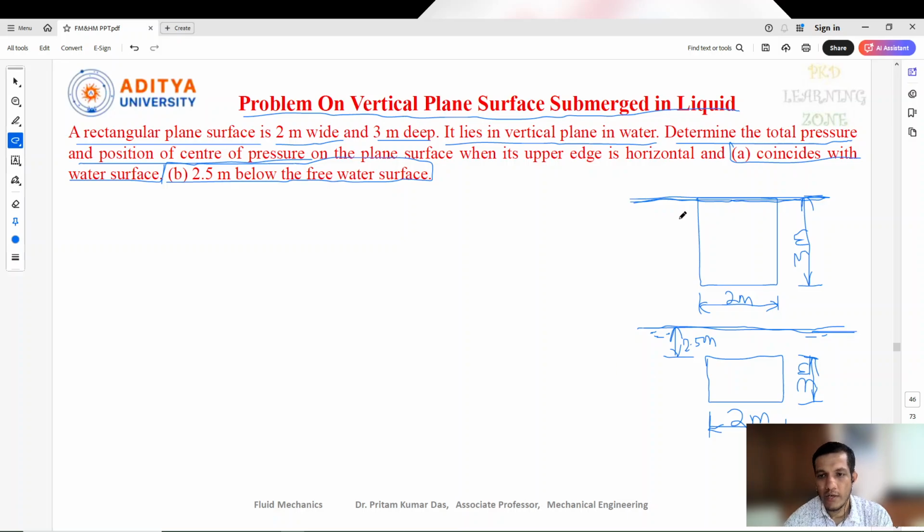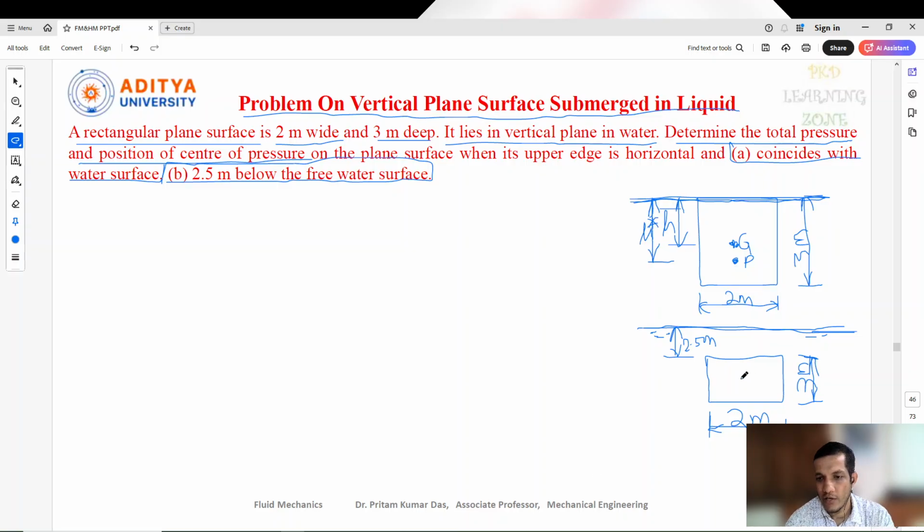Now here we can say one center of gravity point is there, that is the G point, and one point here, that is the center of pressure, the P point. The distance from the free surface to the center of gravity we call H bar, and the distance from the free surface to the center of pressure we call H star.